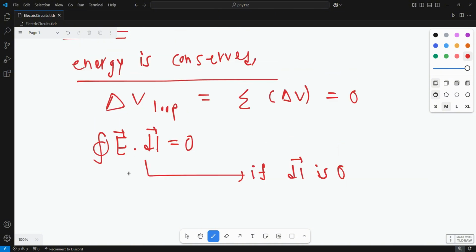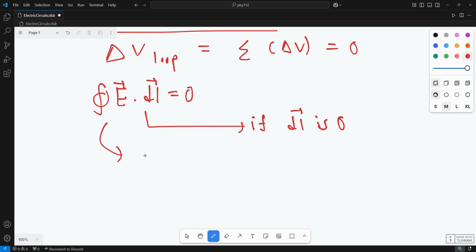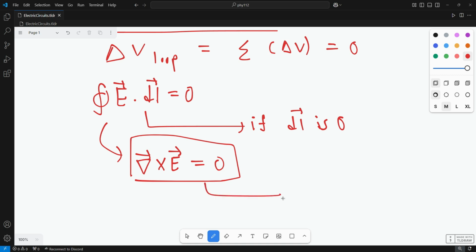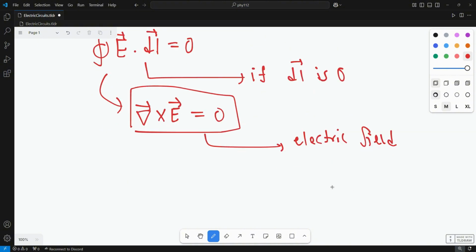And we can also apply Stokes' law from here and we can write this, which is basically Stokes' law, which says that electric field is conservative.